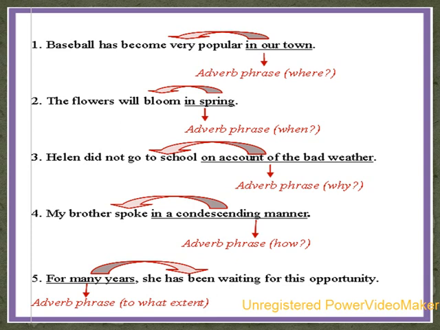Here are some more examples which you can see on the screen. Let me give you more examples of where, when, why, how, or to what extent. For where, here are some examples of adverb phrases: around the sun, near the edge, over the rainbow.